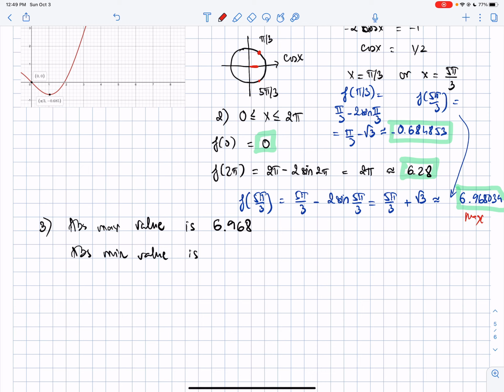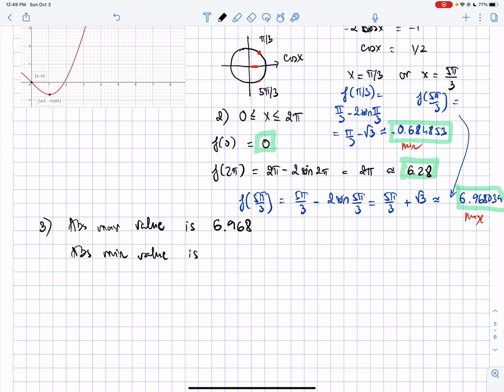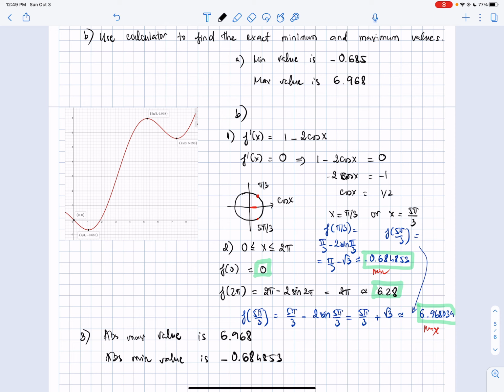Okay, so the minimum is the negative one, so this is the minimum. The minimum happens at pi over 3, so it's negative 0.684853. And what we need to do is go back to part A and compare the answer, and we get the same answer, right? Okay, so the first part we used the graph, and the second part we used algebra, the 3 steps in the box of the closed interval method.